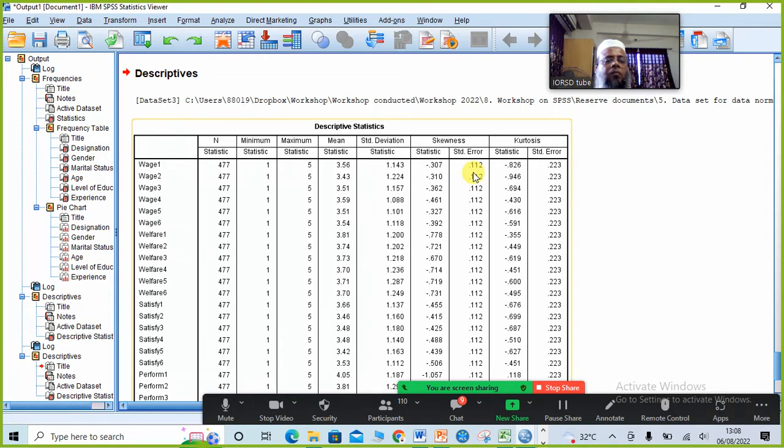So standard error basically tells us whether there is a certain standard error between the different samples obtained or not. I think you can't get the message, but you can read it by yourself. So you can easily understand the standard error.